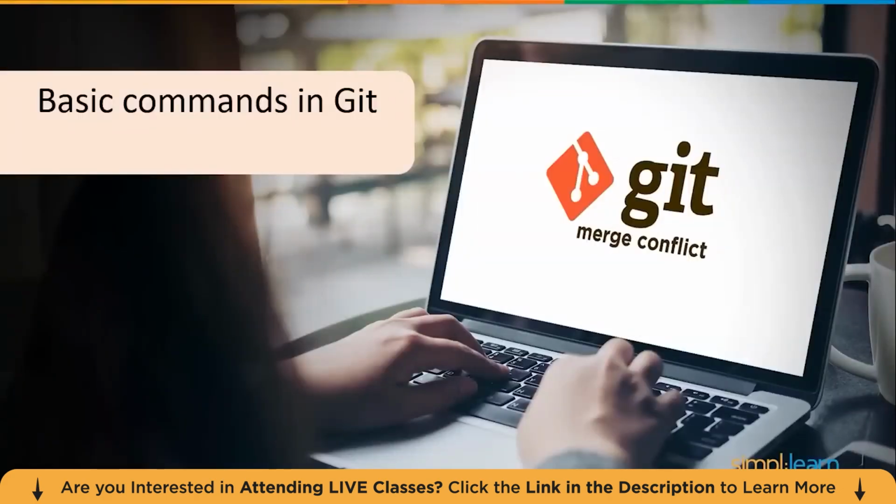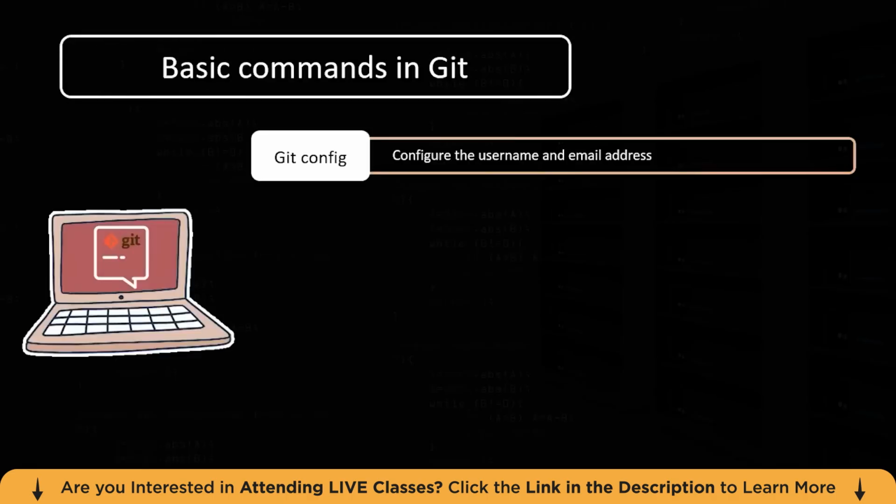Now, what are the basic commands we use in Git to manage a Git repository? First of all, a very basic command is git config.